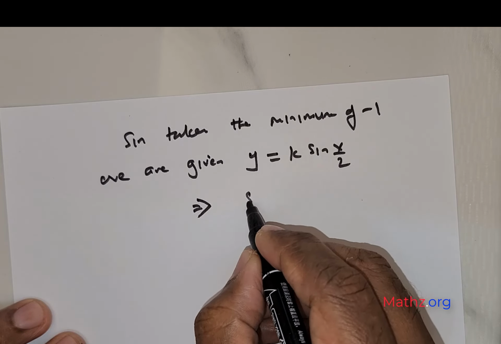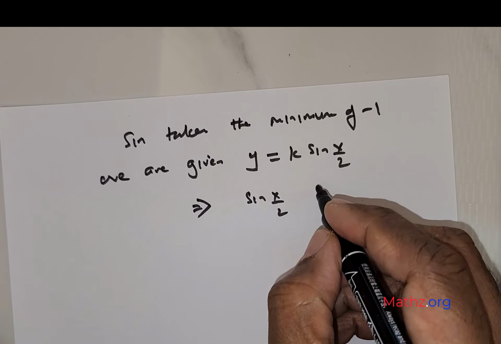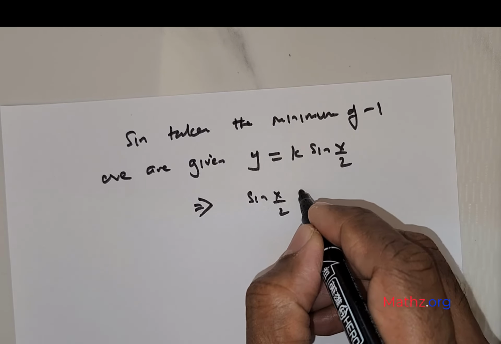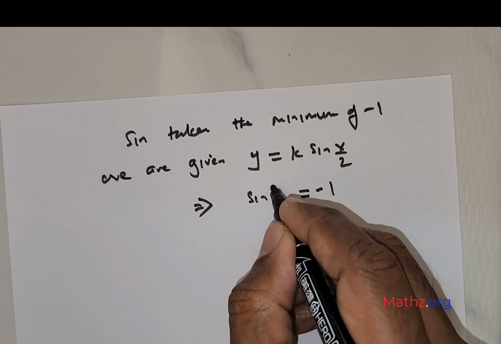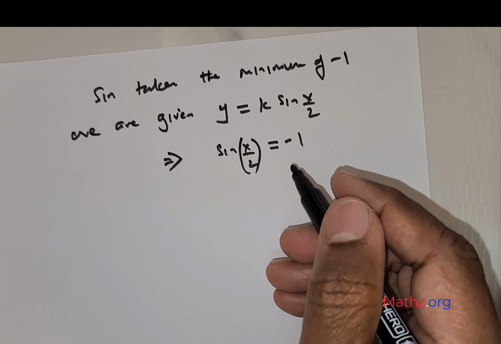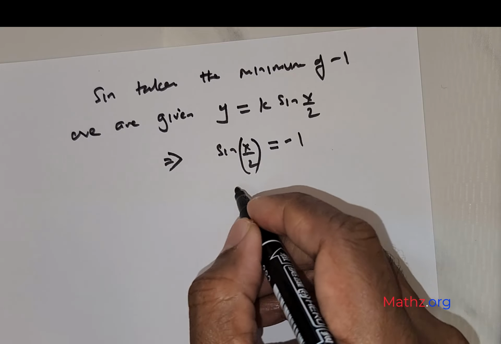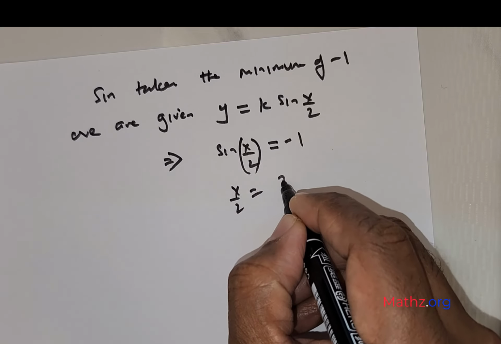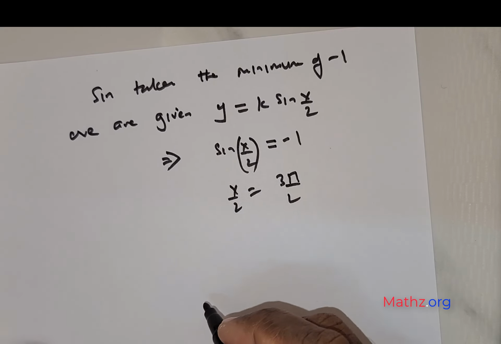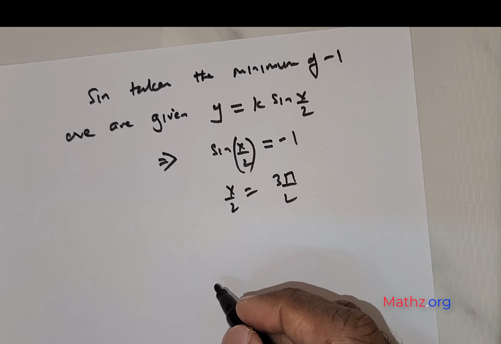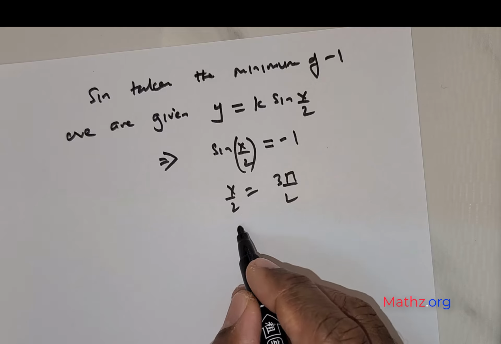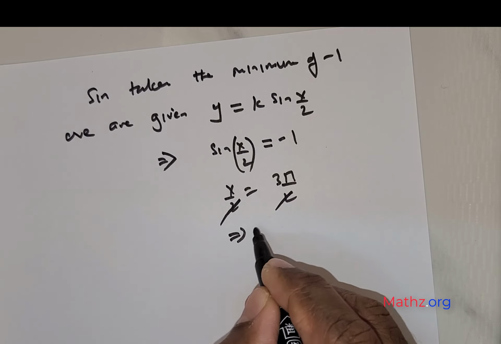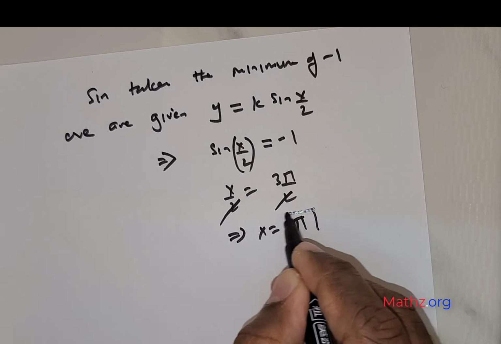So this would mean sine x over 2 is actually hitting a minimum. Now as I mentioned to you, for this to happen, x over 2 should be equal to 3 pi over 2, right? And from here we can calculate the value of x. So this means 2 gets cancelled, I get x is equal to 3 pi.